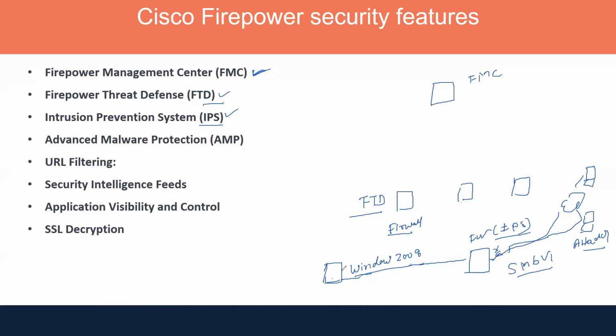application itself. So what the advanced malware system is going to do is employ various techniques, for example, reputation and sandboxing. Based on that, it would be able to identify that this is a malicious software or malicious file which needs to be blocked before passing through the network. Take an example. Let's say this Windows system or user is trying to download a file from the internet, and this file contains viruses. How would my firewall identify whether this file contains viruses or not?